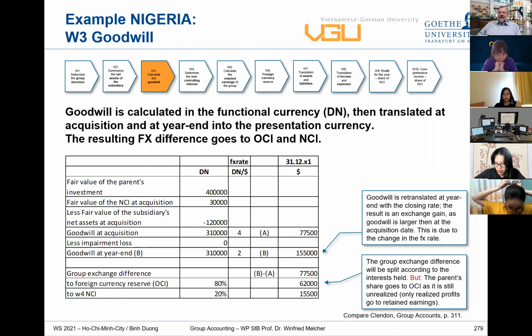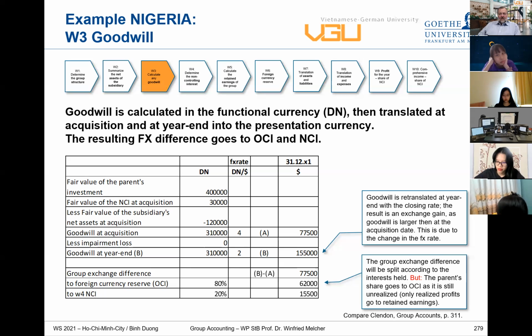We were looking at calculating goodwill, and we saw that goodwill will also be affected by foreign currency translations, because we calculate at the transaction date, of course, when we get the net assets of the subsidiary.